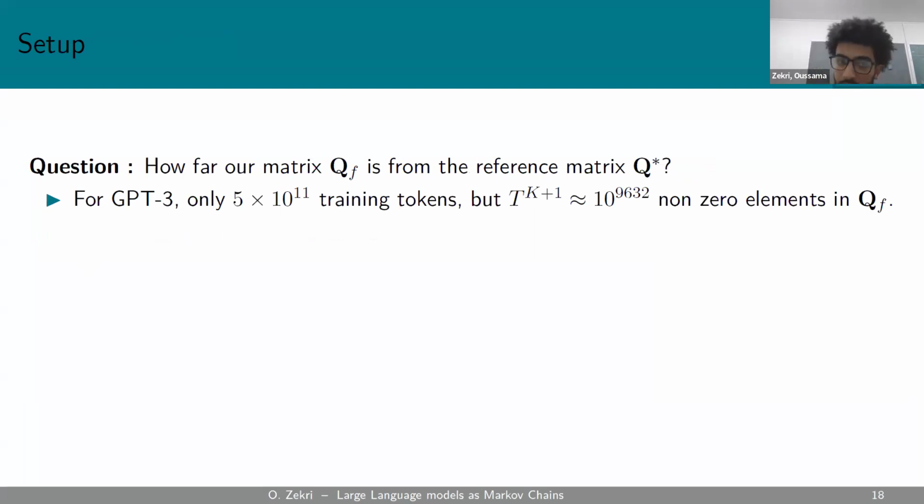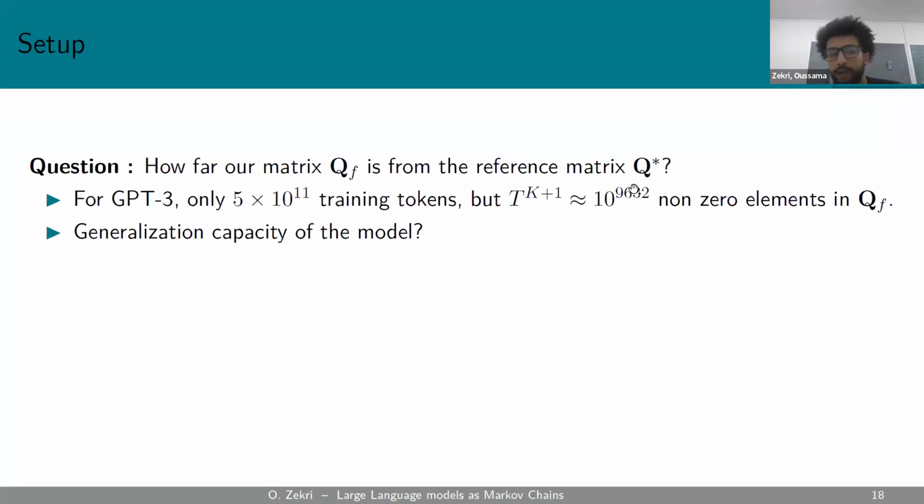For example, for GPT-3, they trained the model on just 10 to the power 11 tokens, but the number of non-zero elements in the matrix that I showed you is enormous. So with just this really small supervision, what we observe in practice is that the LLM is really impressive and it seems to generalize.